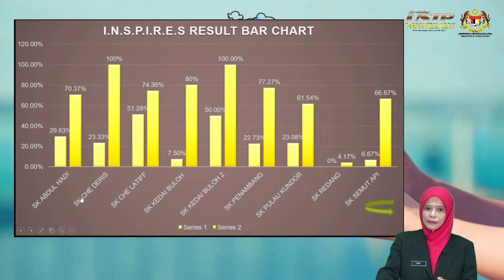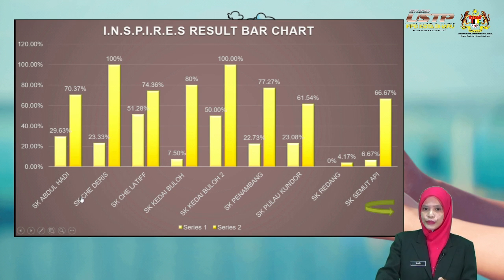For Sekolah Kebangsaan Cik Latif, from 51.28%, they achieved 74.36%. And for Sekolah Kebangsaan Kedai Buloh, from 7.50%, they achieved 80%.